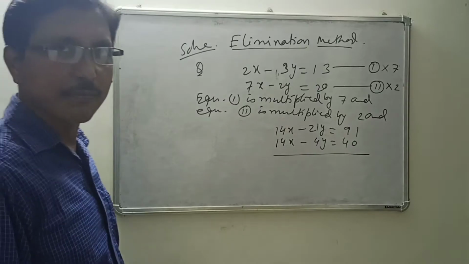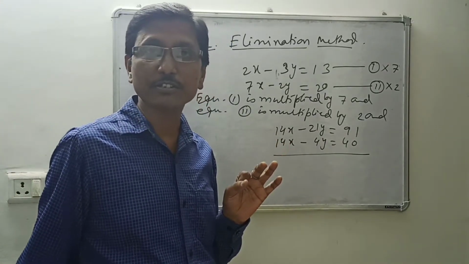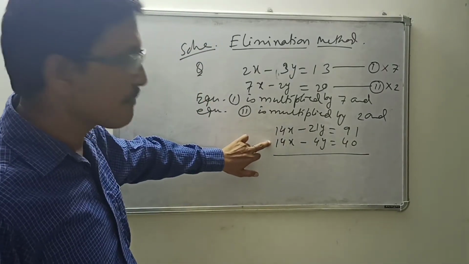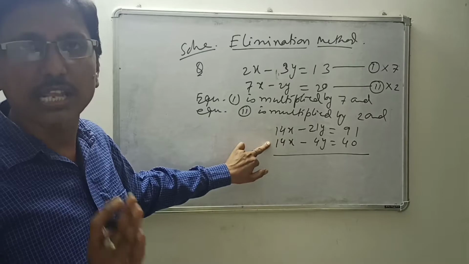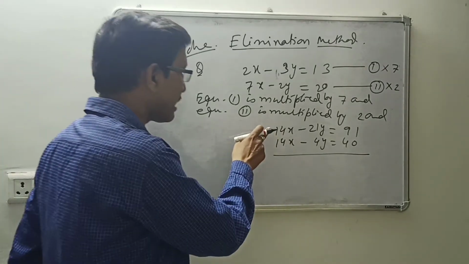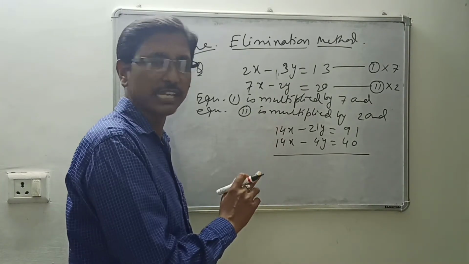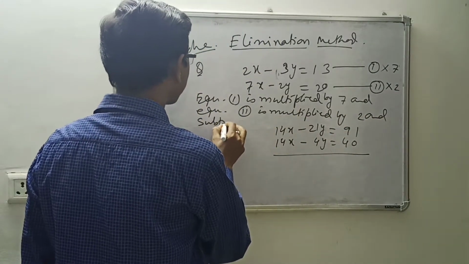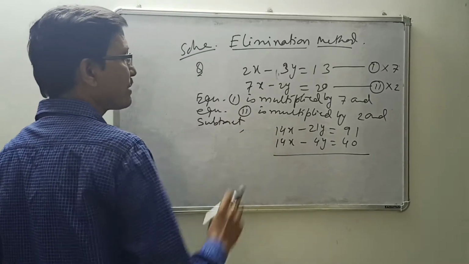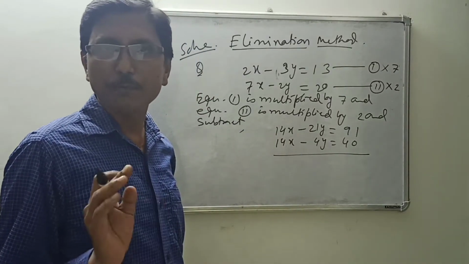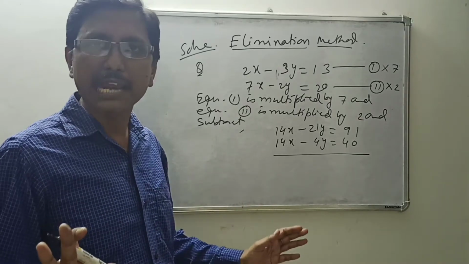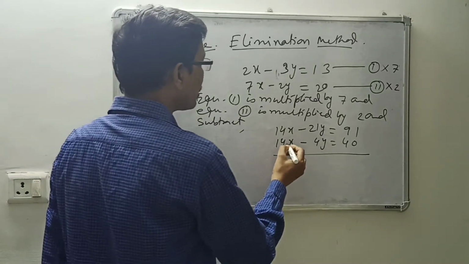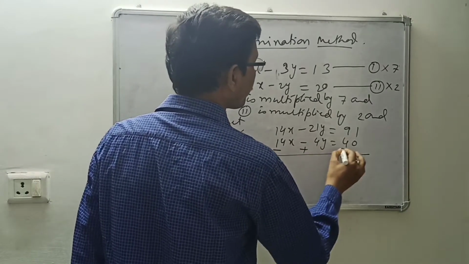Sometimes you have to add, sometimes you have to subtract. When? If you have the same number as well as the same sign, both plus 14, then subtract. If the signs are opposite, suppose plus 14 and minus 14, then add. Subtracting means the sign of the lower equation is changed.